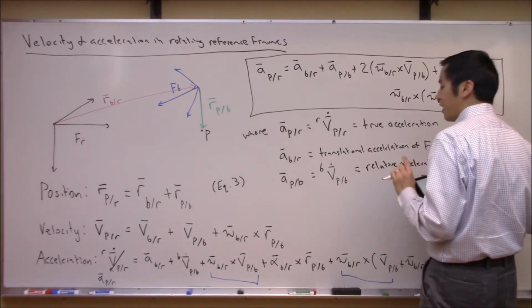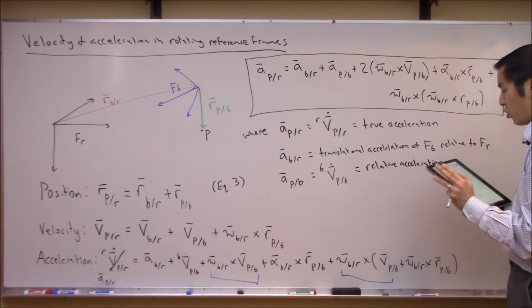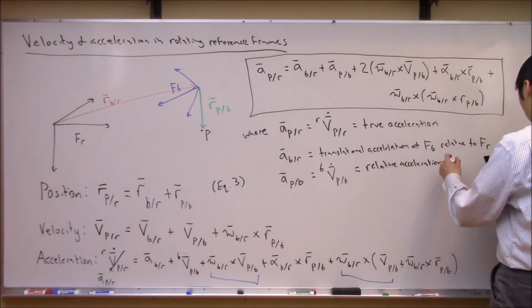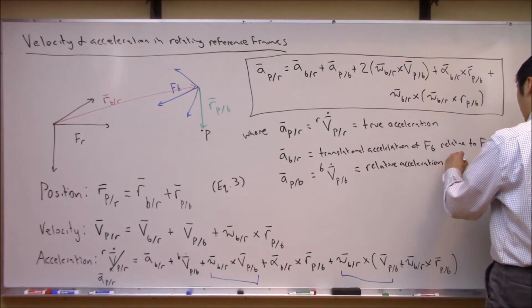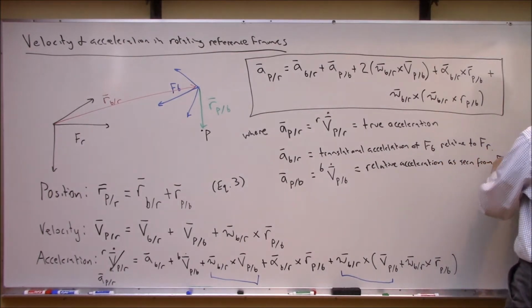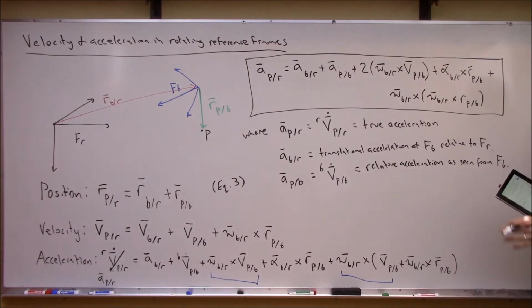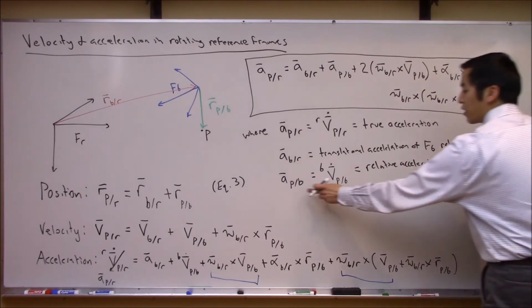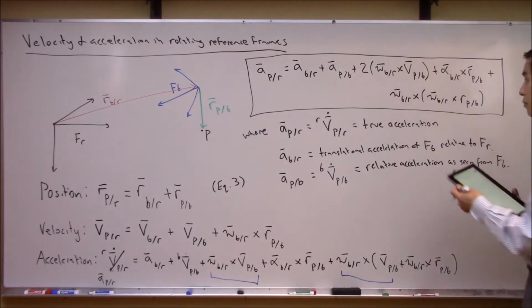It's the acceleration you would see if you're sitting on frame B, so this is relative acceleration as seen from FB. In other words, what the pilot of that aircraft would say: how is this point P accelerating? That's his answer.